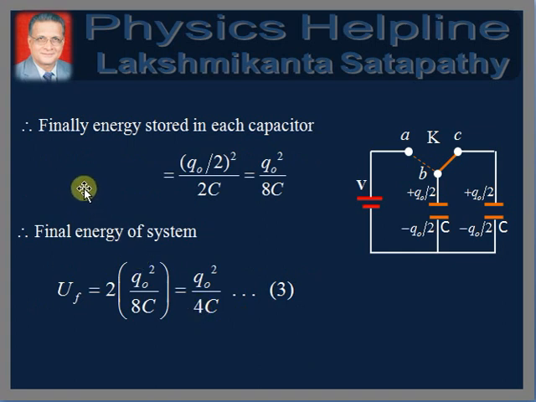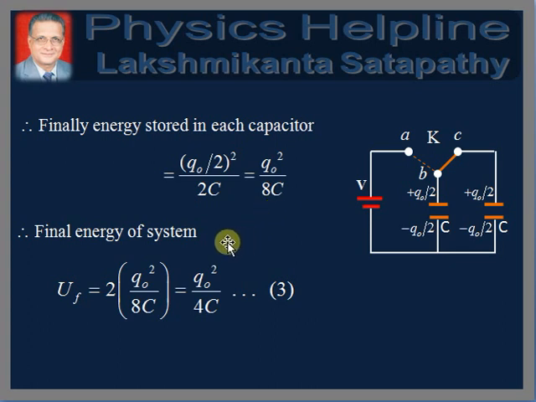Finally, the energy stored in each capacitor will be found using the formula Q square by 2C. Energy stored in a capacitor is equal to Q square by 2C. For each capacitor, the charge is Q0 by 2. Therefore, the final energy stored in each capacitor will be equal to Q0 by 2 whole square divided by 2C, which on simplification will be equal to Q0 square divided by 8C.